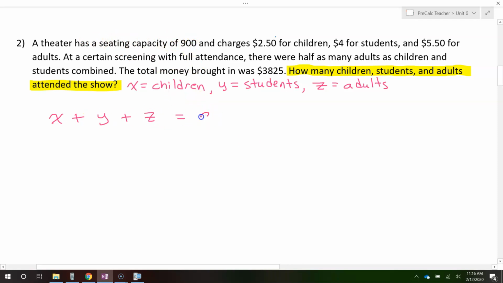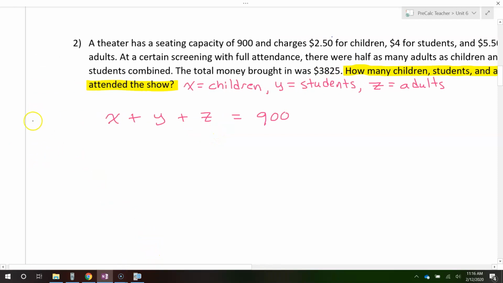So this will have to add up to 900. That is simple. Now we need to find two other equations. If we have three unknowns, we're going to need three equations. So sometimes I will call this equation the quantity equation. It's like the total amount.